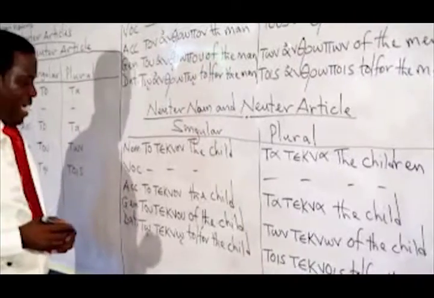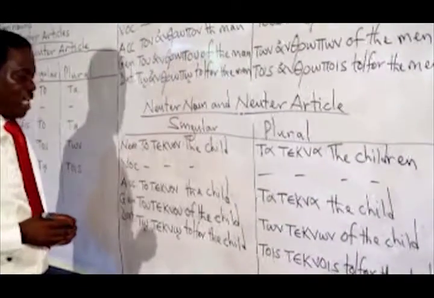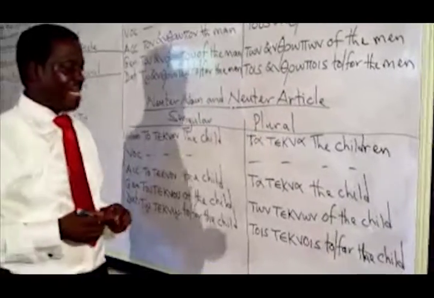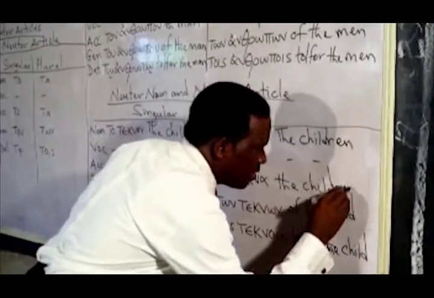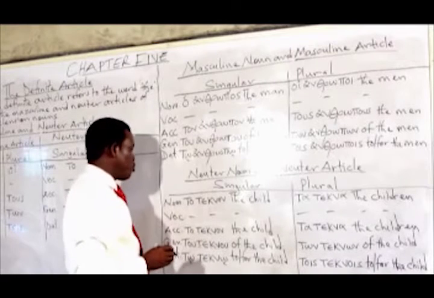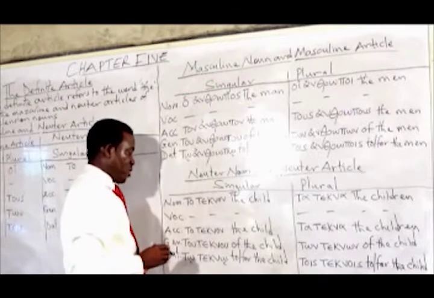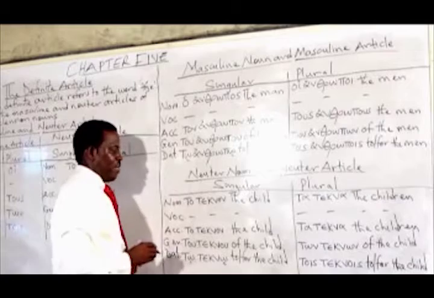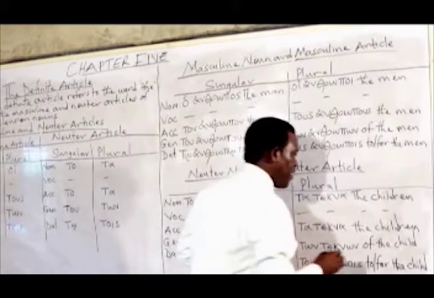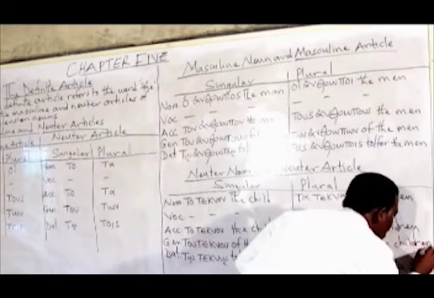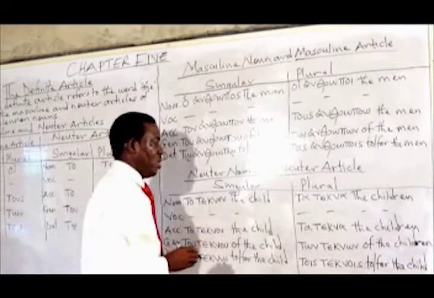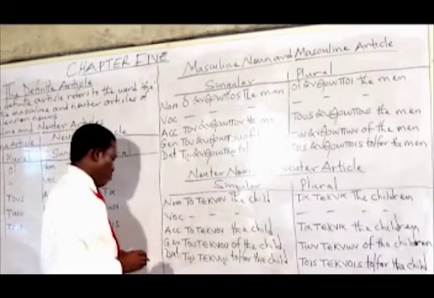In the accusative, we have to teknon, the child, and the plural is ta tekna, the children. In the genitive singular, we have tou teknou, which means of the child, and the plural is ton teknon, which means of the children.